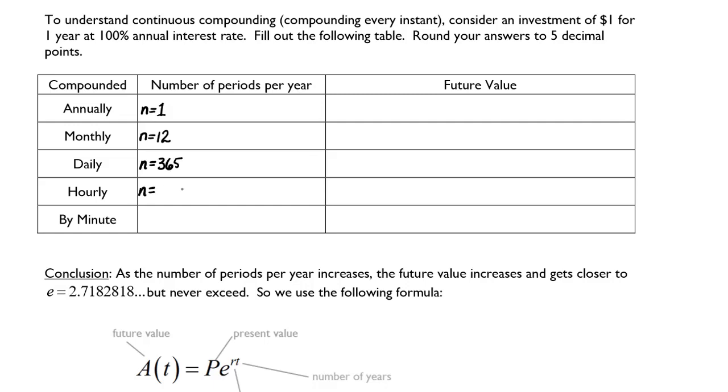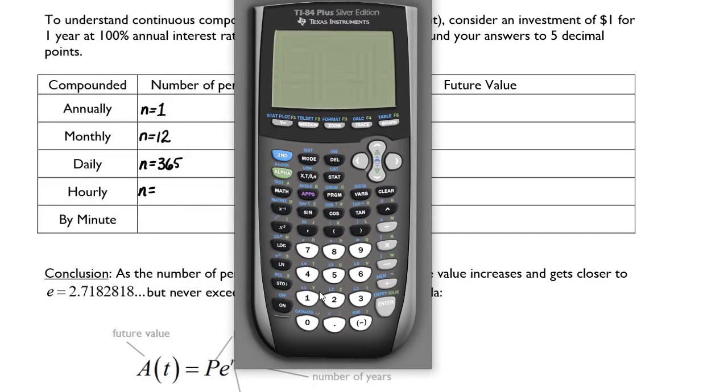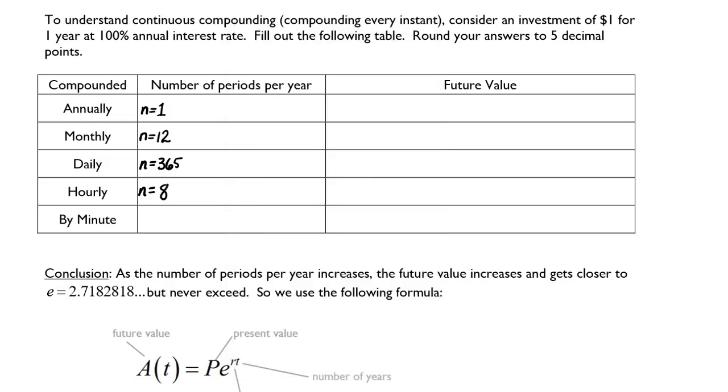If we had hourly compounds, we have to get our calculator out. So 365 times 24 hours in a day will give us 8,760 compounds per year.